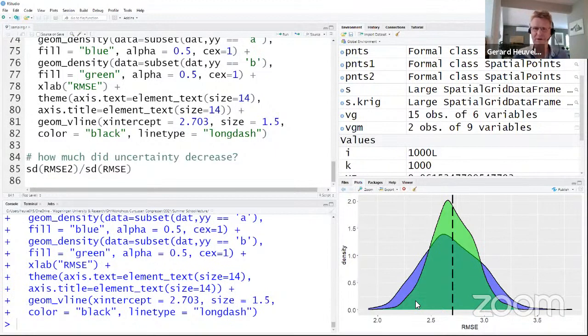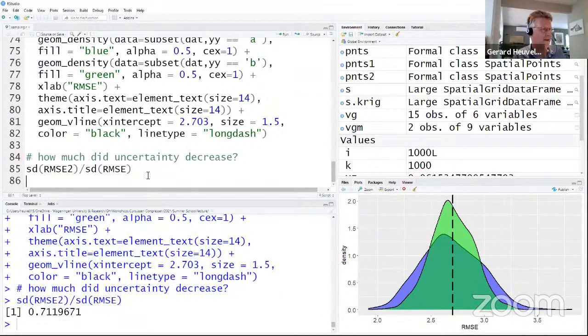And I think you should all agree that this makes sense, because the larger your sample, the closer you are to what you want to know, because you have more information. How much better did we get? Well, 70%. So basically, we were able to reduce the spread of the distribution by 30%. So answer B was correct.